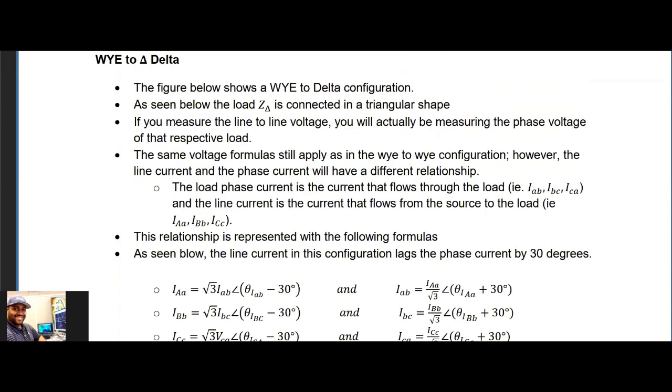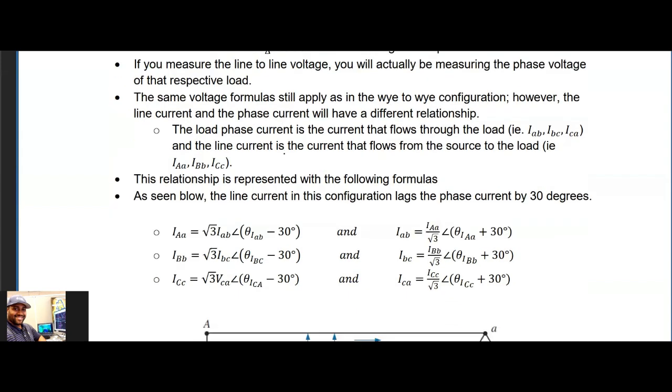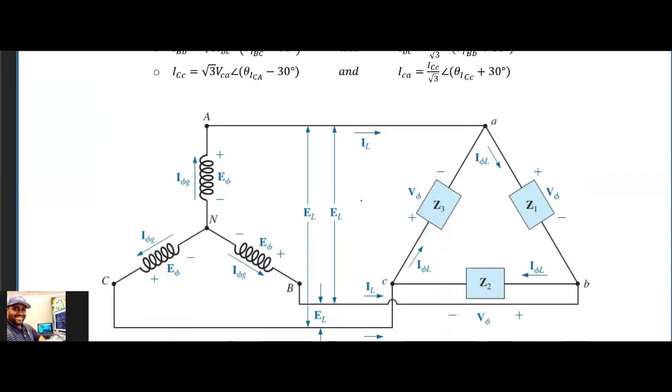All right, so if you measure the line to line voltage, you will actually be measuring the phase voltage of that respective load. So if you take a voltmeter, and you connect it right here, and you connect it right here, what you actually will be measuring is the phase voltage of this AB load right here.